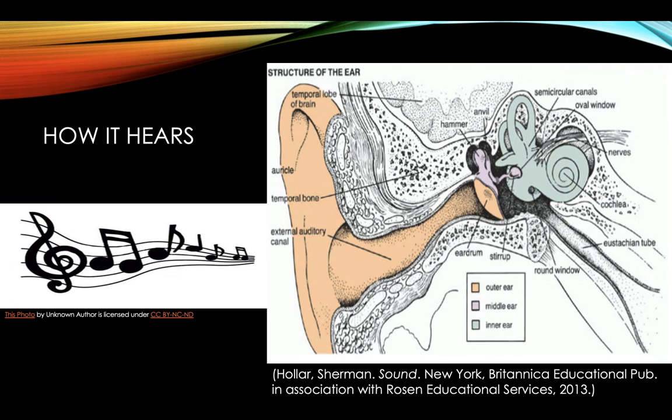Sound is then brought to the eardrum after it enters the ear canal, and the eardrum is connected to minute ear bones known as ossicles, which then direct vibrations into the inner ear, where they would enter the cochlea, that small snail shell looking thing.